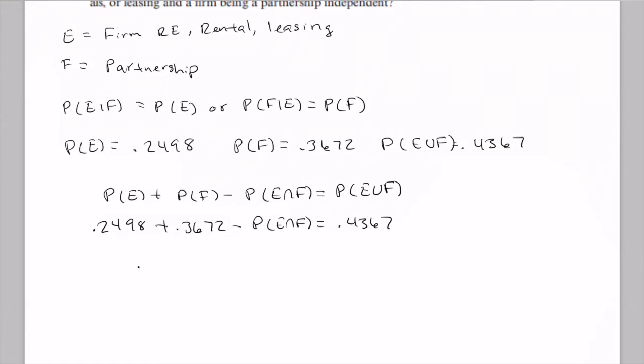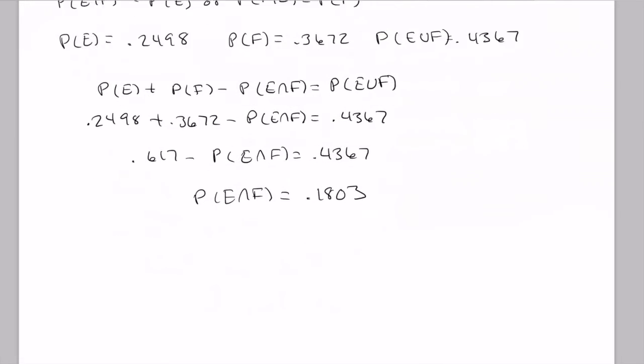This becomes 0.617 minus P(E intersection F) is equal to 0.4367. So therefore, this becomes 0.1803.